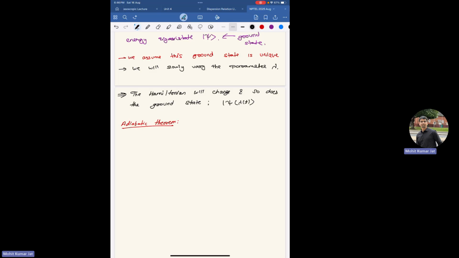It is a theorem in quantum mechanics which states that if we place a system in a non-degenerate energy eigenstate and vary parameters sufficiently slowly, then the system will cling to that energy eigenstate.